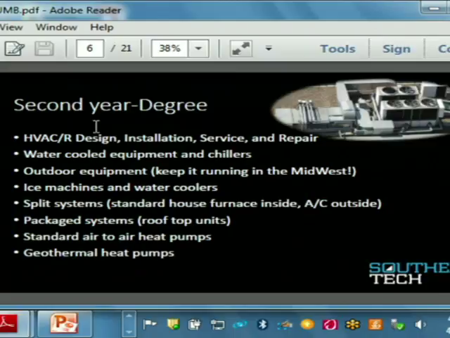The geothermal heat pumps and the air-to-air heat pumps are something we spend a lot of time on. We get them ready so that when they go out in the field, they're going to see almost anything on a daily basis. It's not the same job every day, that's for sure.